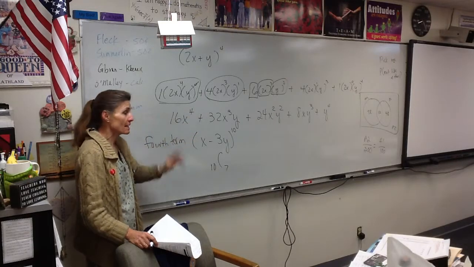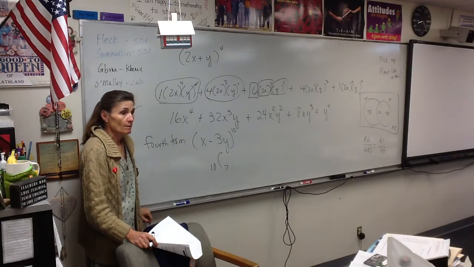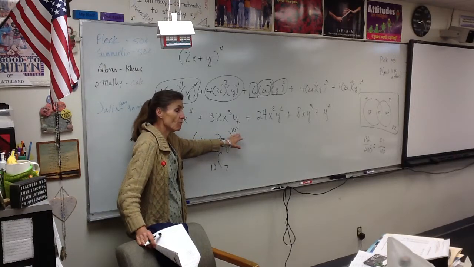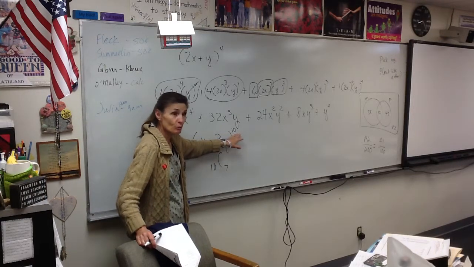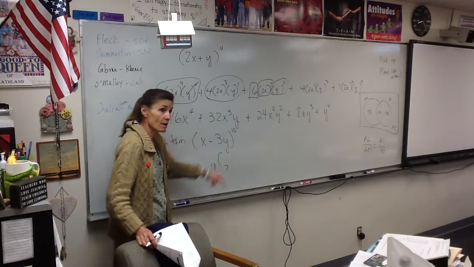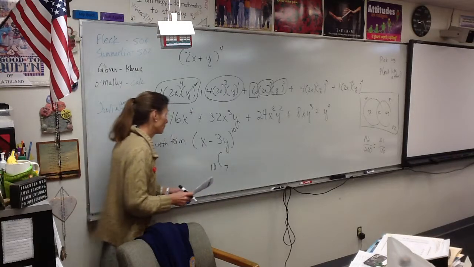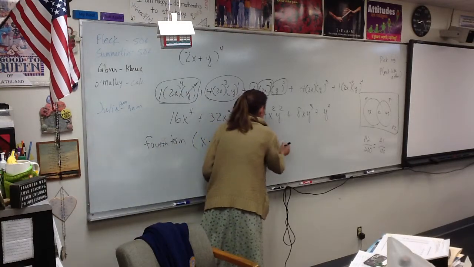The 4th term is 10C7. You could also build your triangle out to the 10th row. Wouldn't recommend it, but you could do it and then find the 4th number in that row. What is 10C7? 120. So your coefficient's 120.